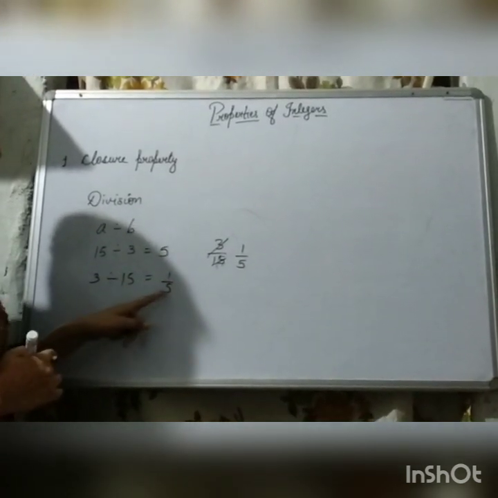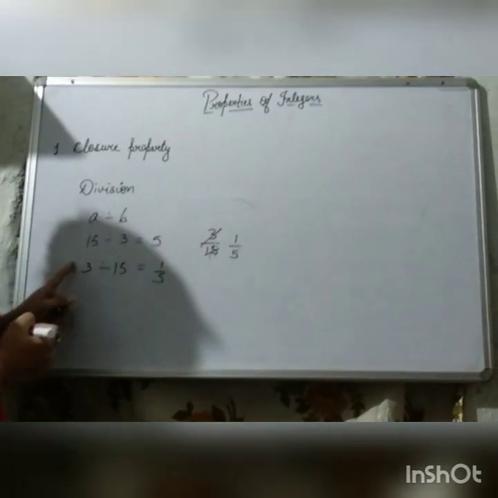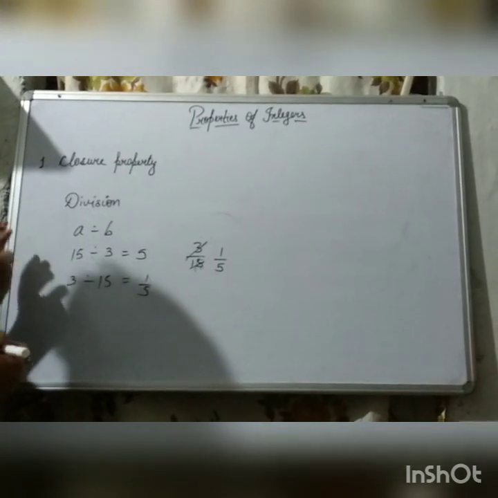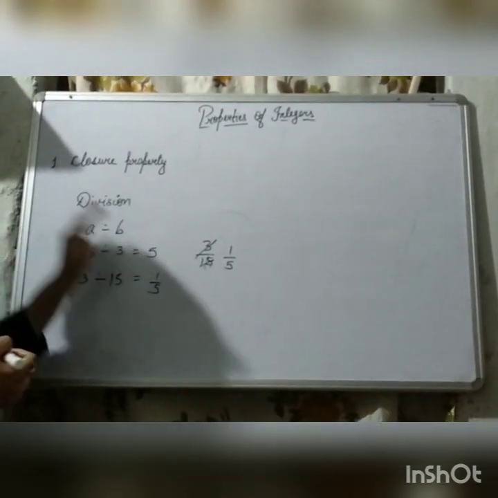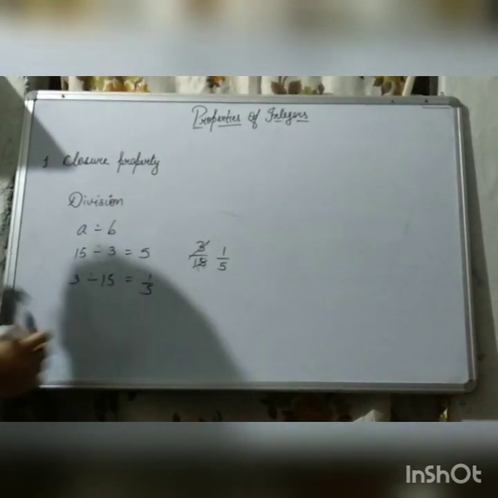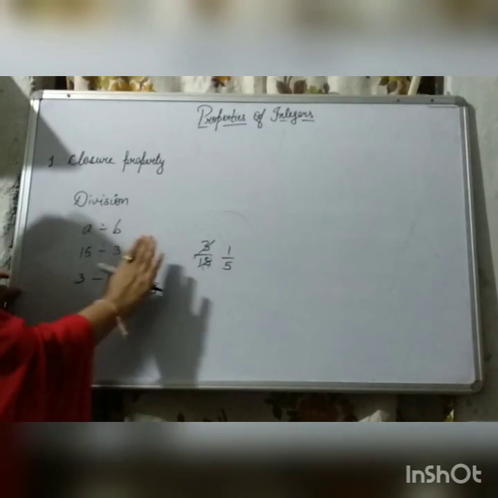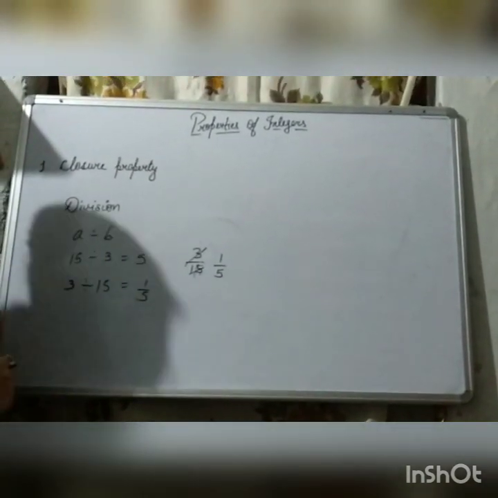It is not an integer. So this shows that the closure property is not applicable to division of integers. This shows that division does not follow closure property. It is not possible that the answer will always be an integer.